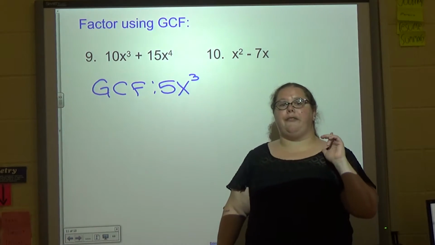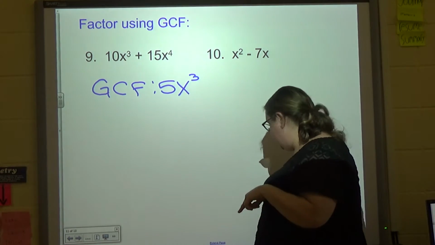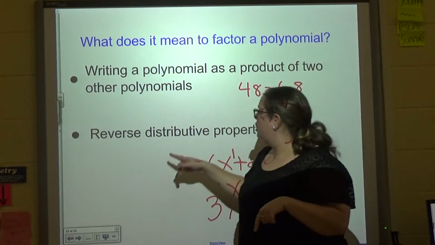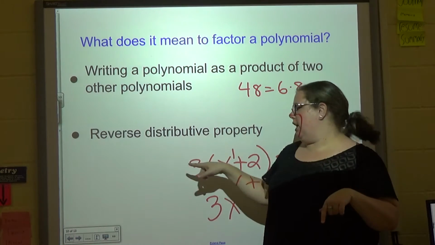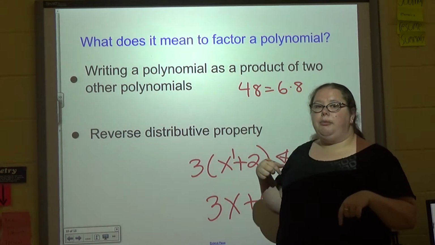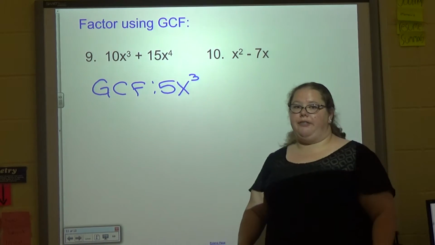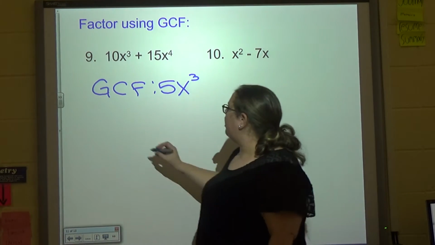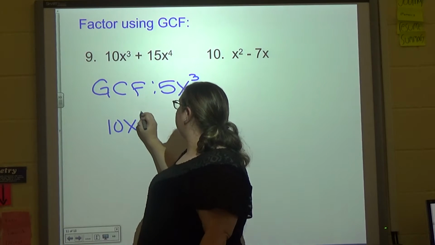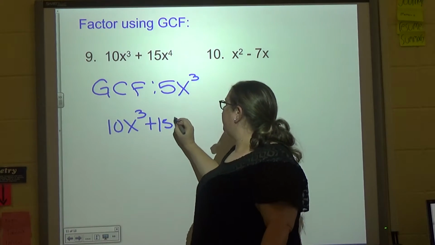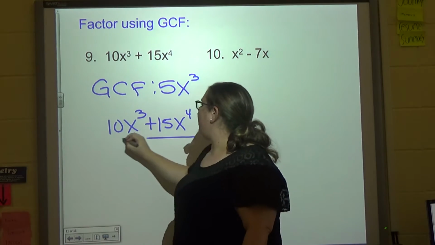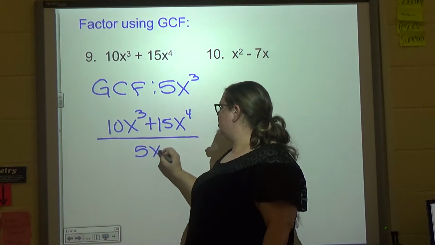Now, since this is the reverse distributive property, like I said, what's the opposite of distributing? With distributing, we multiply. So to factor, we're going to divide. So we're going to take our 10x cubed plus 15x to the 4th, and we're going to divide out 5x cubed.